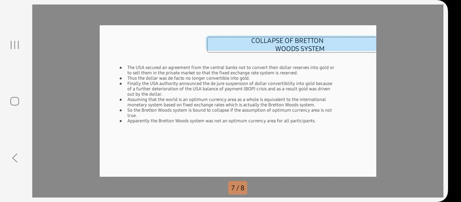But we can see that the Bretton Woods system was not an optimum currency area for all the participants. That is why the Bretton Woods system was bound to collapse, and it eventually happened in 1971 when the US declared that the US dollar was no more convertible to gold.